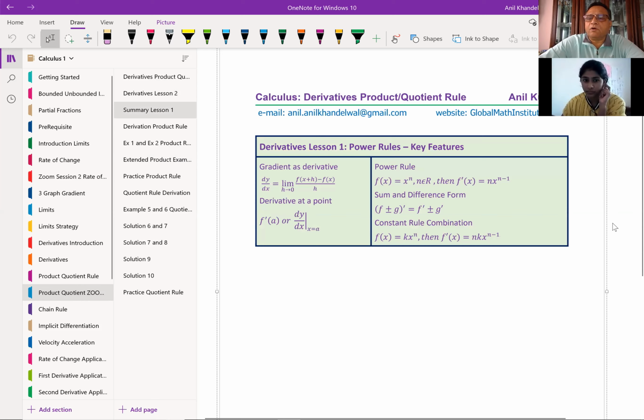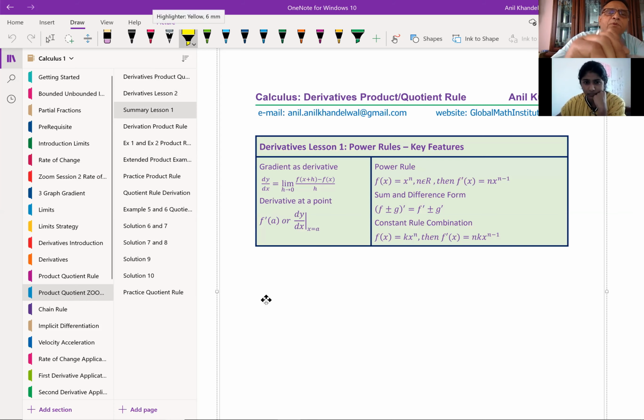Last time we worked on the power rule, right? And we understood that gradient can be treated as a derivative. Now, gradient is such an important property, and it has so many applications that we give it a name which can be used more versatilely, and a notation so that it could be applied easily.